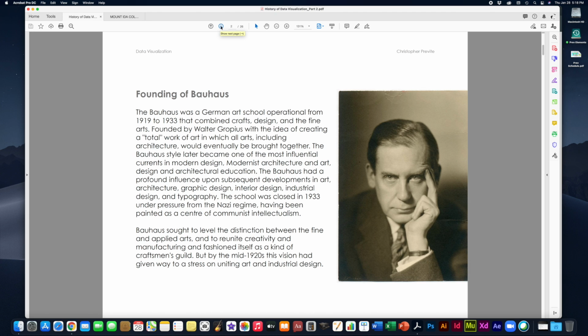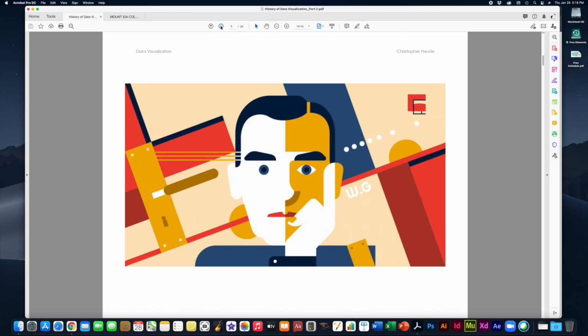Now, aside from his idea of this innovative curriculum and the styles that it fostered, Gropius was also very well known for bringing in accomplished artists and designers to teach at the school, which lent itself to a lot of its success. This here is an interesting portrait of Walter Gropius done in the Bauhaus style of painting or illustration at this particular time.